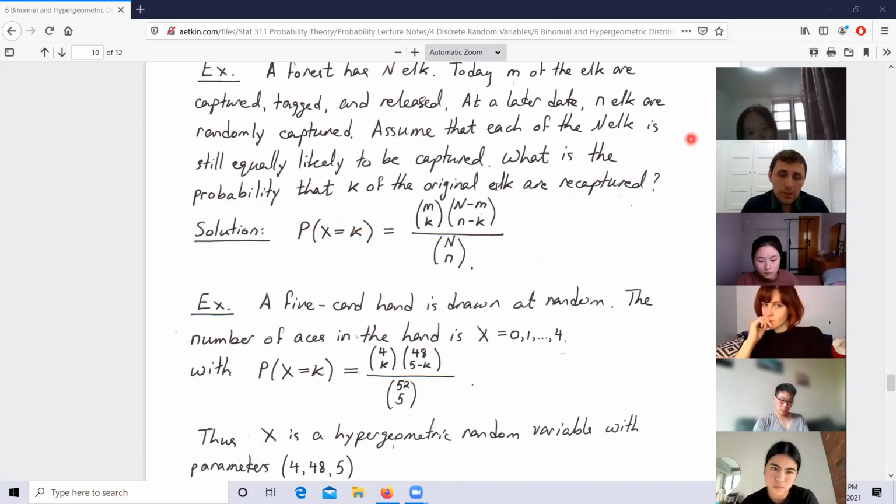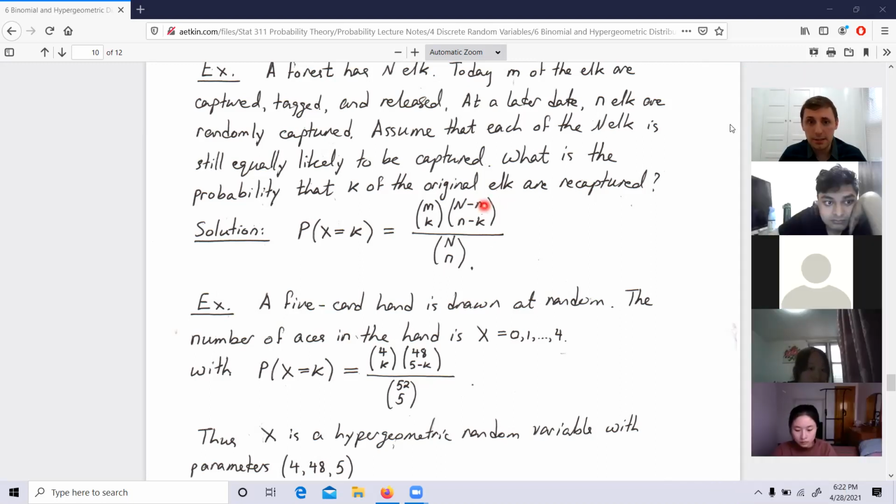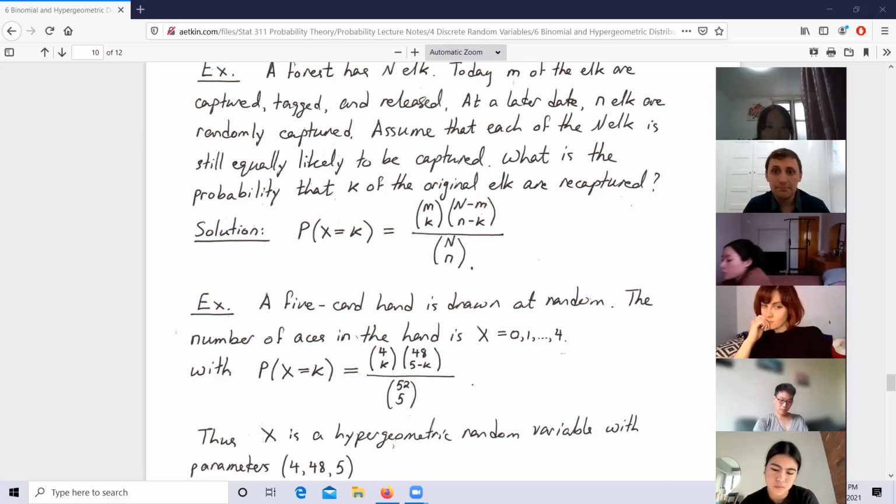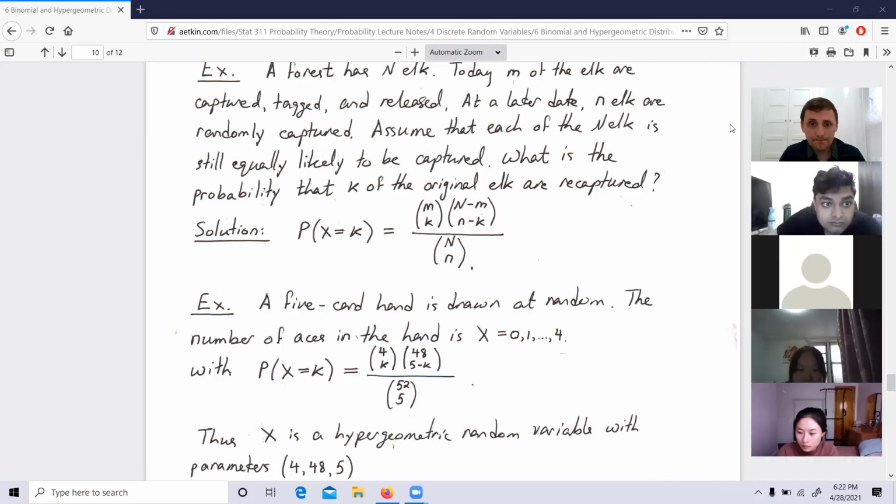So you understand what happened just now? We had a bunch of the elk, they are now carrying a tag. And they did not learn their lesson. So now randomly we are going to sample n of them.